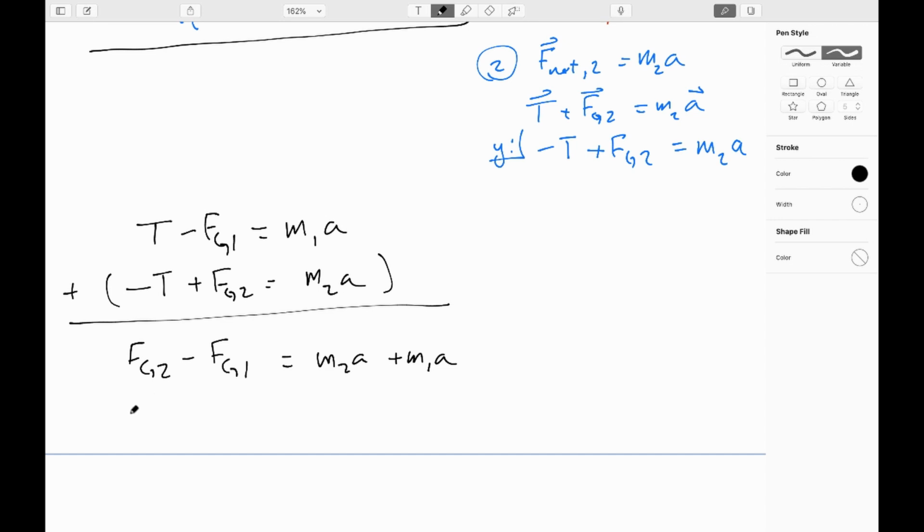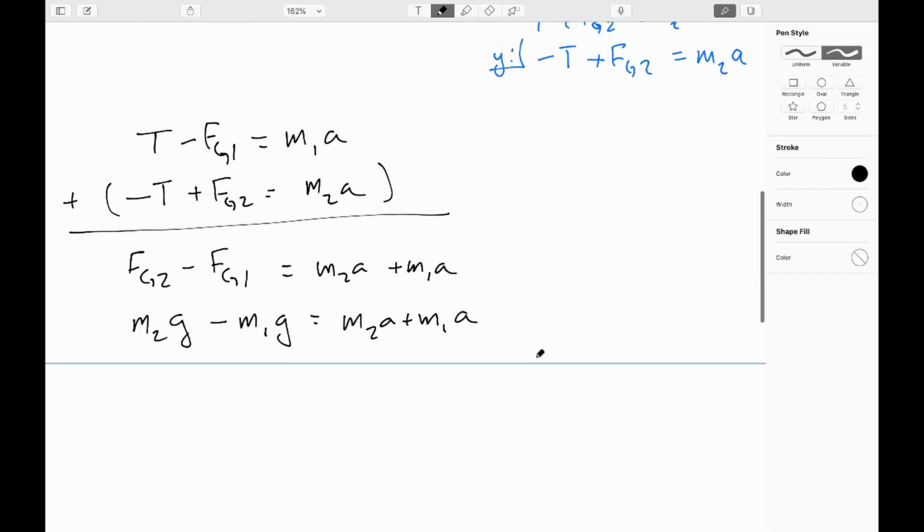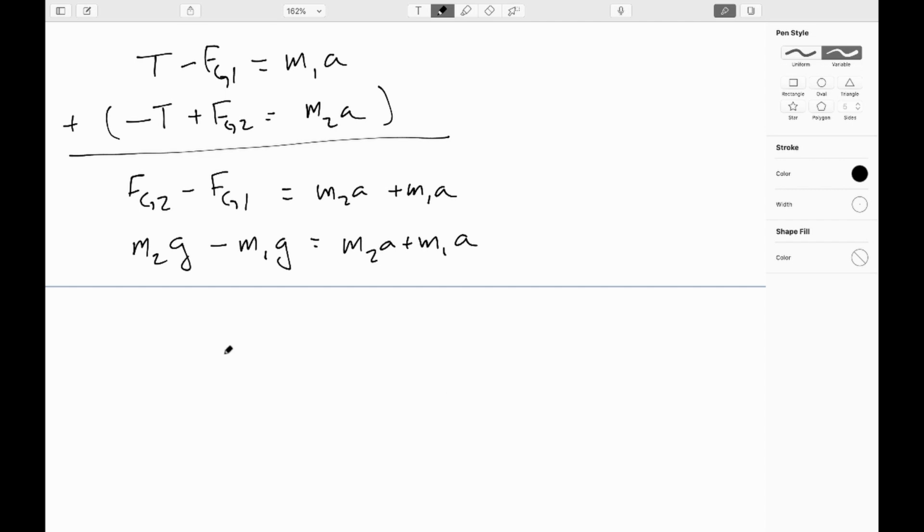All right, and we can remember that FG2 is M2G, so M2G minus M1G equals M2A plus M1A. And we're almost there. I'm just doing a little bit of grouping at this point. I can pull out a G from both of these terms.